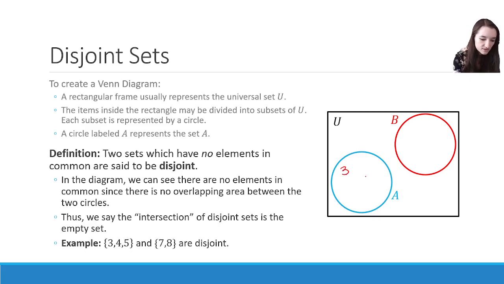If A is {3, 4, 5}, I can write those three elements in A, and I can write 7, 8 in B, and we can see that they have no overlap between them. We often say this means that their intersection is the empty set. Now, intersection is something we're going to get into a little bit later.